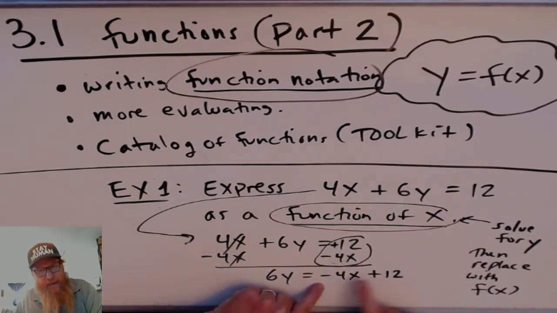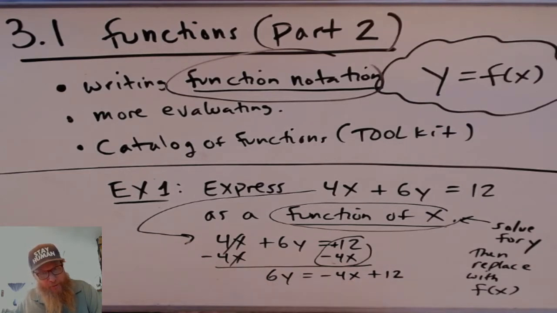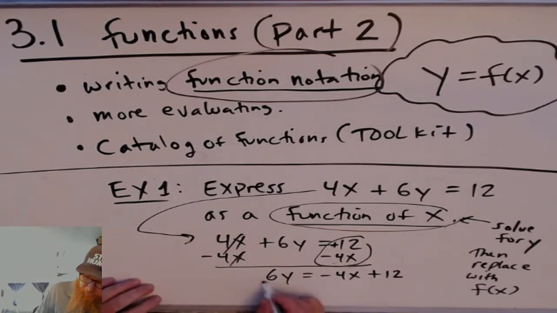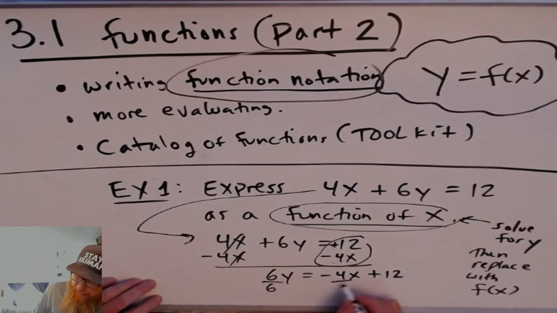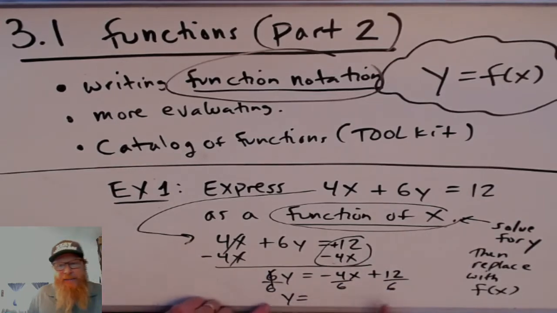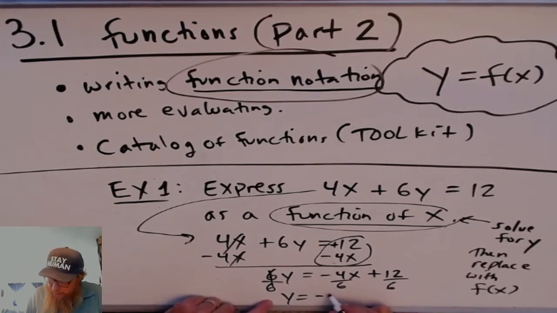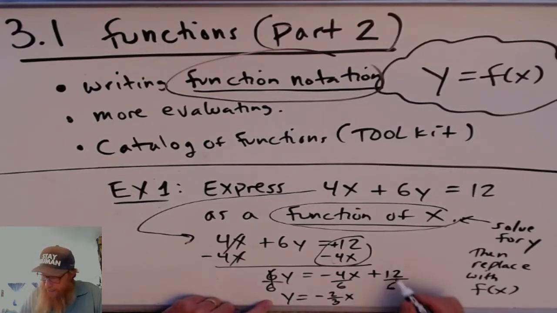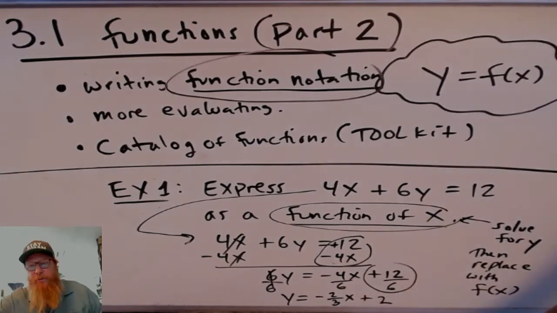And I like to write it in this order with the x first. It's like slope-intercept form. Divide everybody by 6 and simplify this if possible. Negative 4/6 reduces to negative 2/3, and positive 12/6 reduces to positive 2.